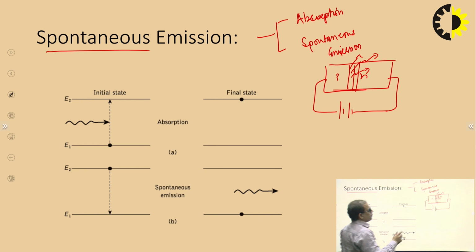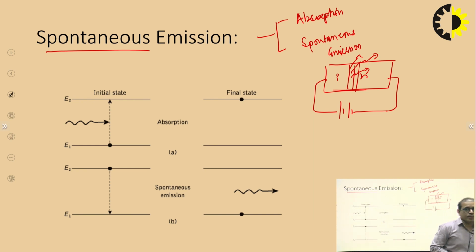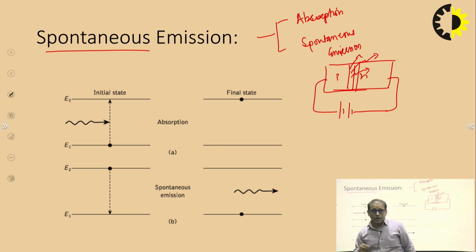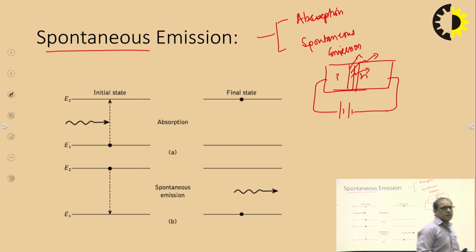The recombination of electron and hole pairs generates a photon, and if the wavelength of the released photon is in the visible region, then I can say that light is emitted. But if recombination takes place and the photon is not generated and heat is generated instead, that type of recombination we generally know as non-radiative recombination.